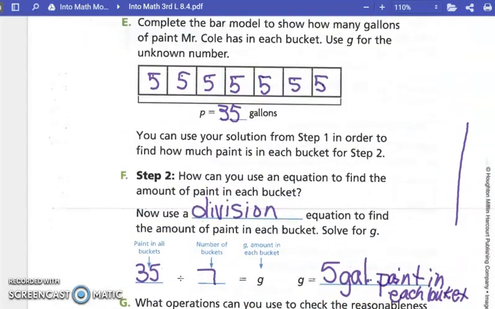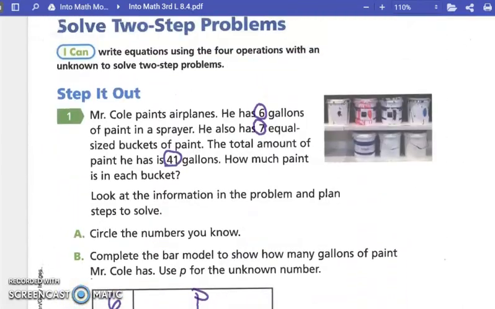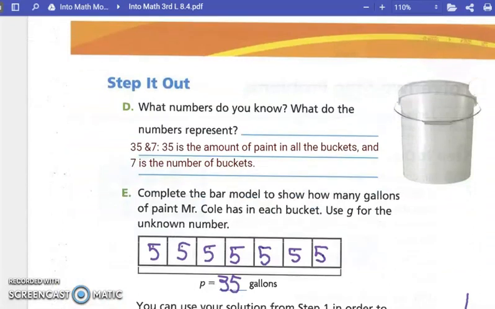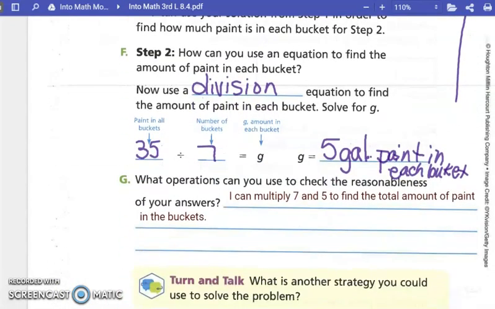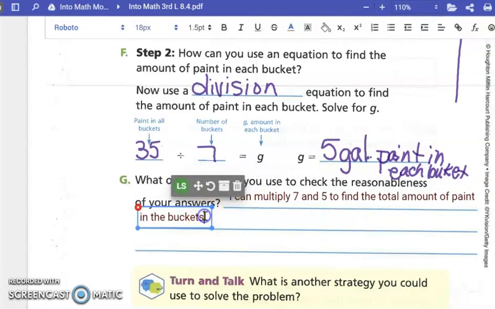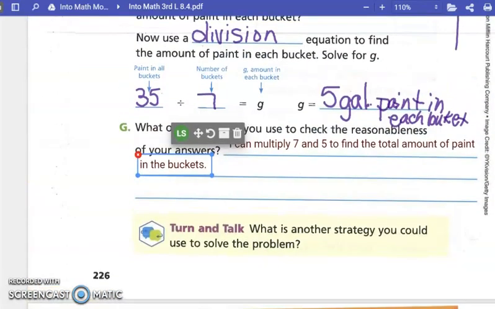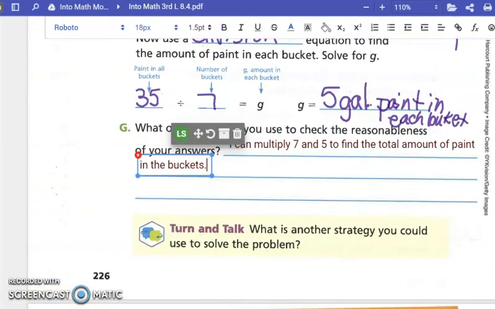Now remember, if we go clear back up to our original problem, how much paint did they have to start with? 41, and we've been working with 35. But to check our whole problem and see if we're right, we're going to have to get back to that 41. So once I do that, I'm going to have what? If I multiply 7 and 5, what am I going to have? 35.